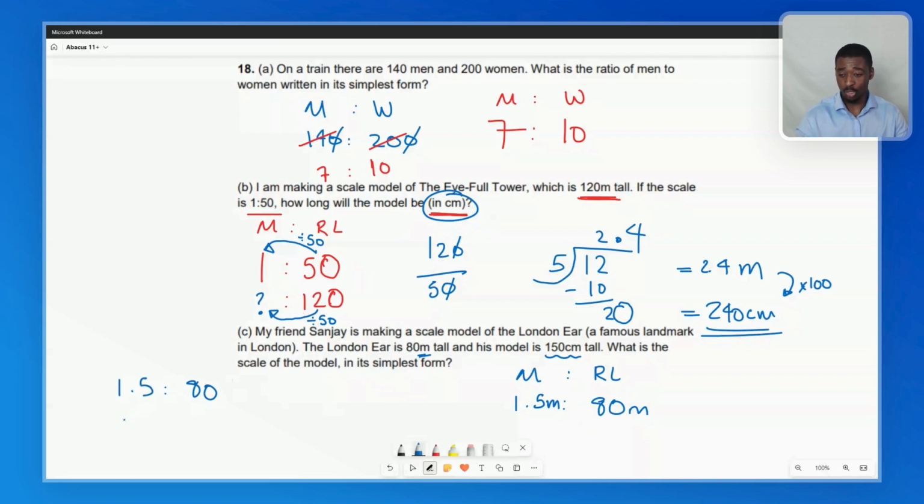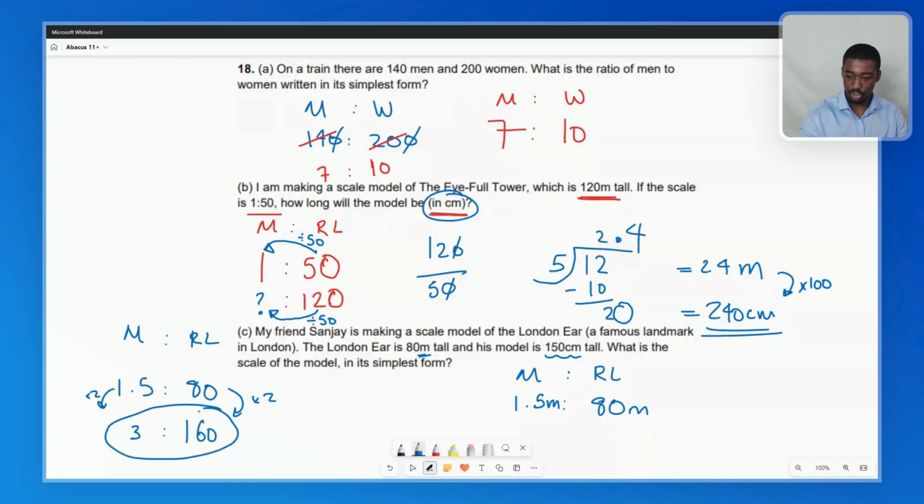Let's first get it into whole numbers by multiplying both sides by 2. Now we have 3 to 160, model to real life. And since we can't go any further than that, that is the simplest form of this ratio, right?